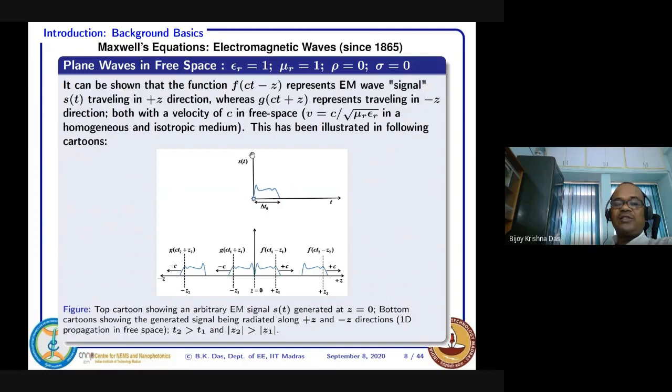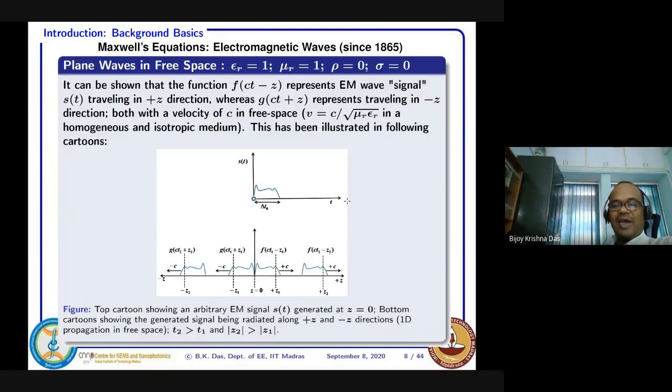Here it is shown like that. If there is a signal at a certain instant of time, some kind of fluctuation, this is a source, for example. That type of signal can be the electric field and the magnetic field. It can be this shape. Now this axis is showing the time axis.